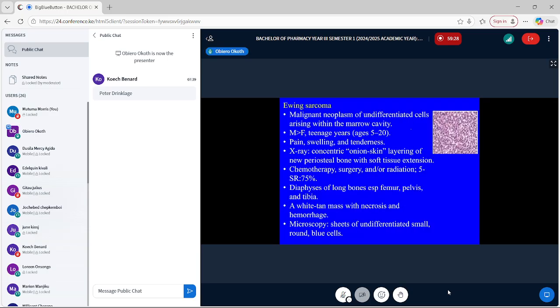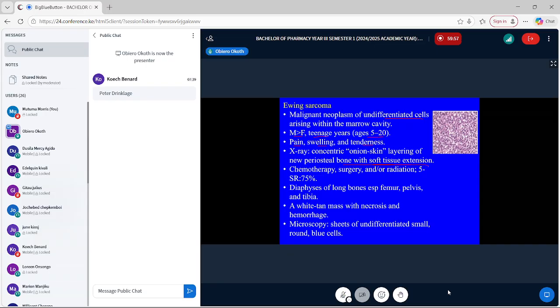Ewing sarcoma, we don't know where the cells come from, undifferentiated cells, but they normally just fill up the marrow cavity. These are part of what we call the small undifferentiated round blue cell tumors. Again, teenage boys, and on X-ray, you see some layering of peripheral bone, and this tends to move into the soft tissue.